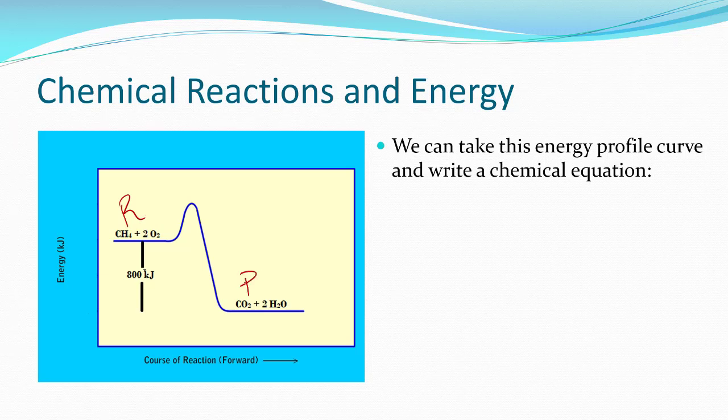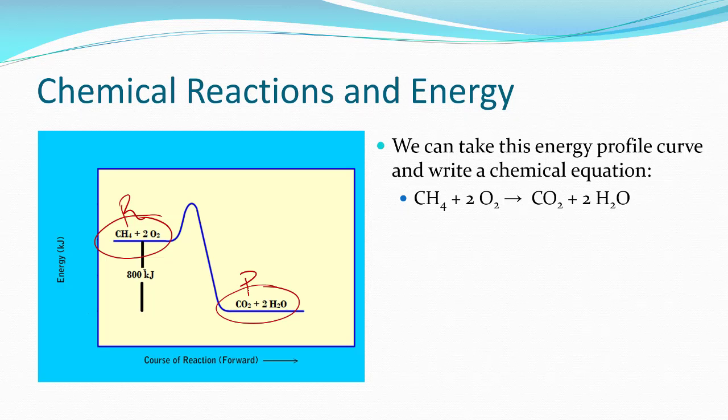And the idea is I can take this and actually write a chemical equation from it. CH4 plus 2O2, which I got from right here, forms CO2 and H2O. And I'm hoping you recognize that this is balanced. Now, this is a chemical equation.